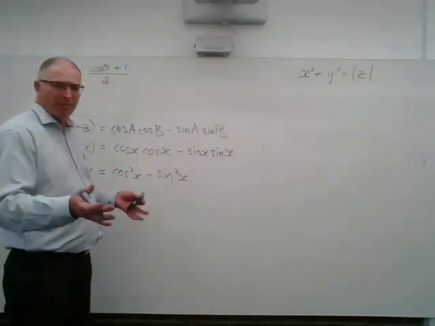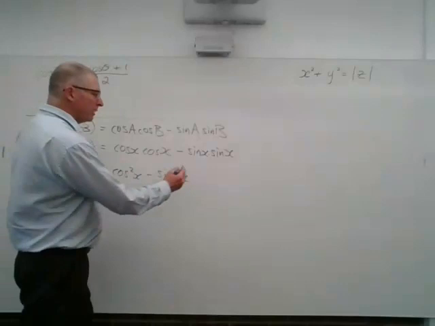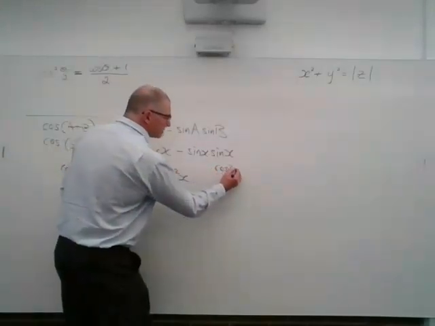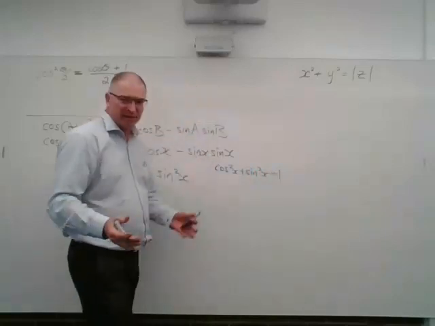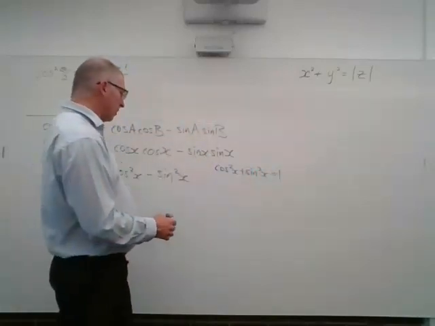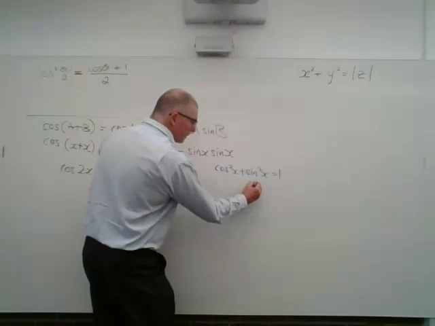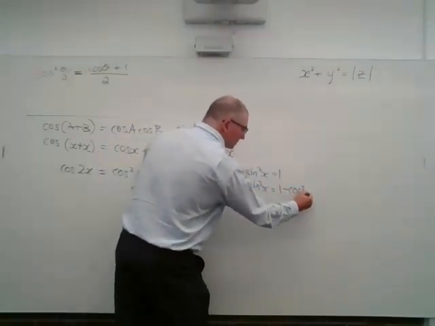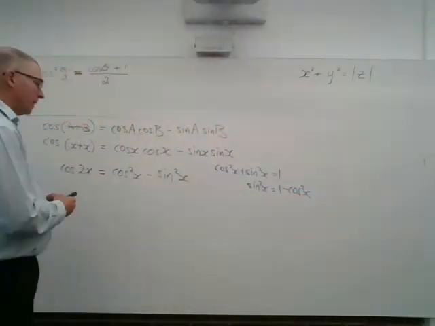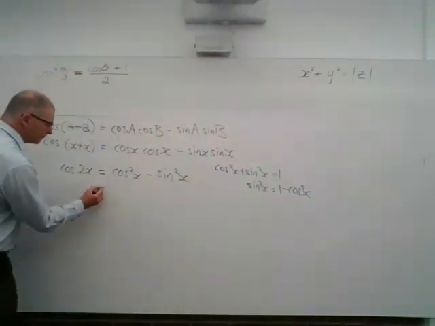Now you're aware from other work we've done that cos squared x plus sine squared x is equal to 1, for example, with the unit circle. So we can replace the sine squared x with 1 minus cos squared x if we want to, and that's what we're going to do here.